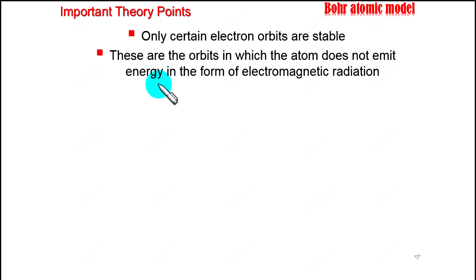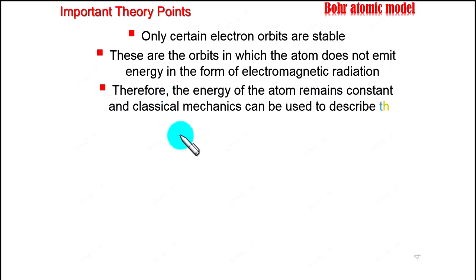The energy of the atom remains constant, and classical mechanics can be used to describe the electron motion. That means the conservation of energy equation can be applied.